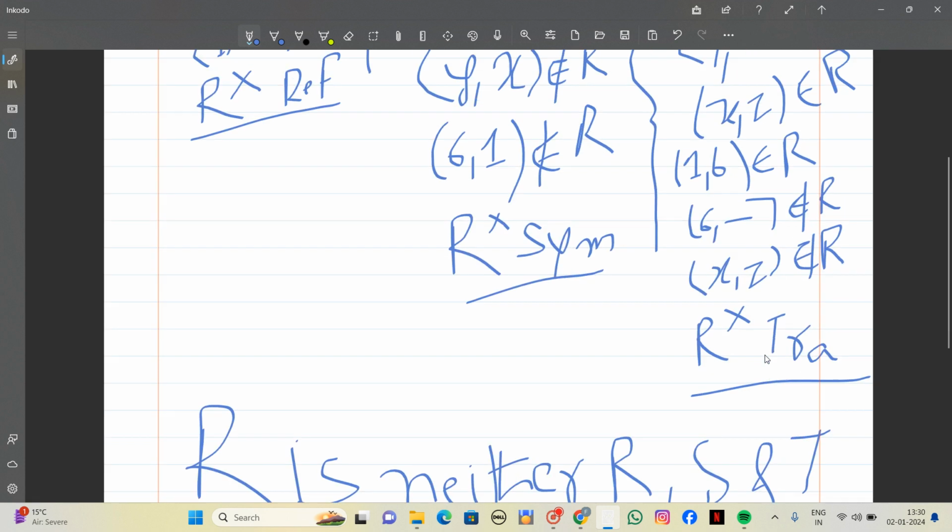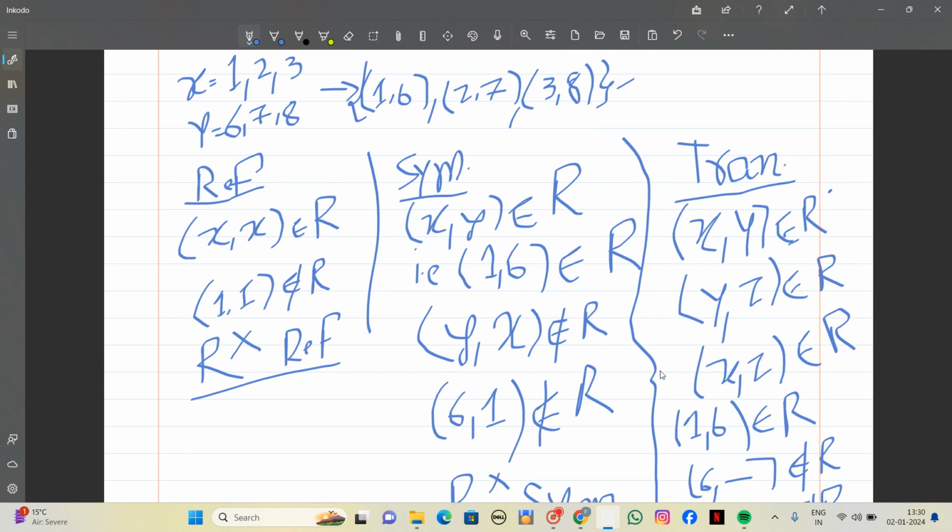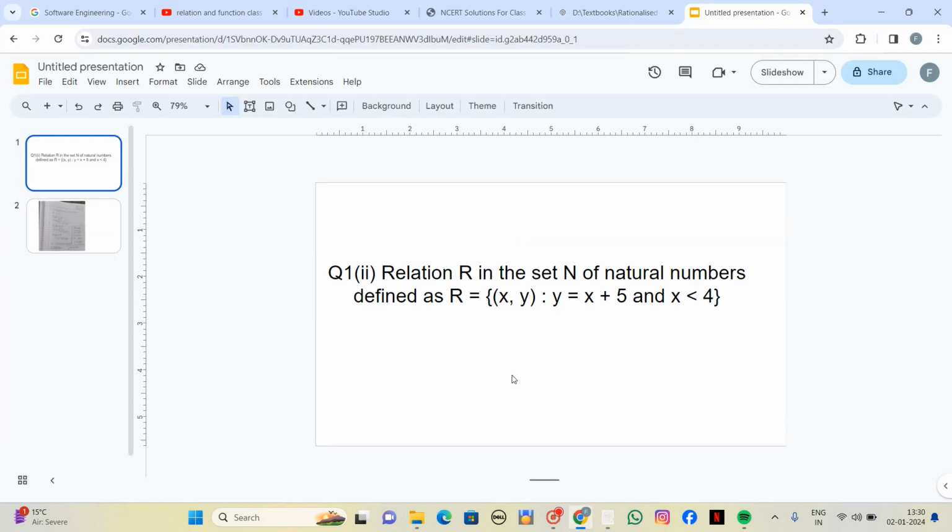So hence we solved this relation R = {(x, y) : y = x + 5, and the value of x less than 4}.